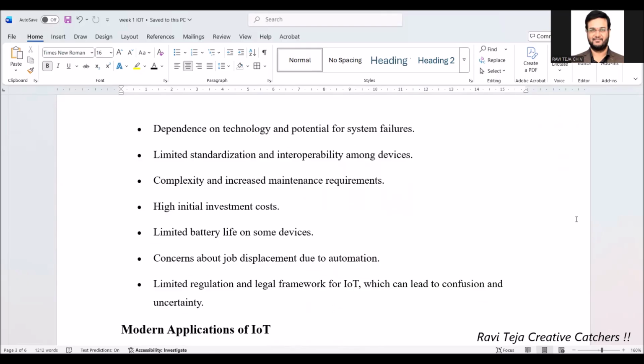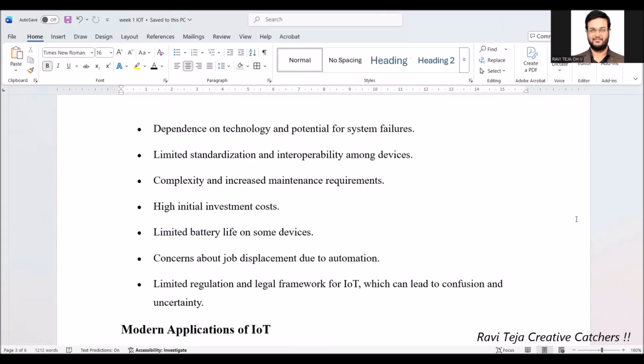And you also have limited standardization and interoperability, and we also have the complexity. So as you keep on designing different types of designs or products, the complexity and maintenance requirements also increase. Okay, high initial investment cost. As you need to initialize that particular device, or if you want to design that particular product, the investment also sometimes will be very high.